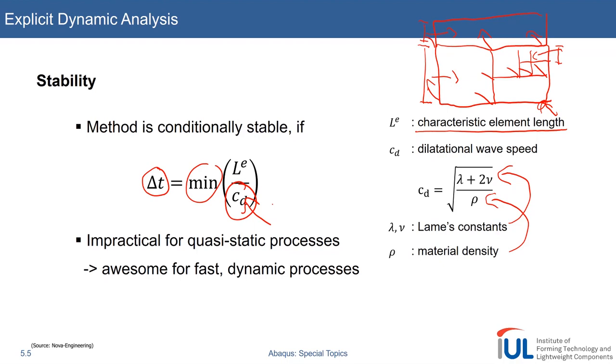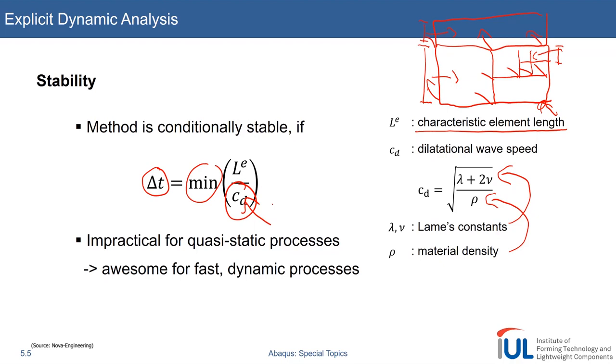So I should be more precise. This method is impractical, like, this word is giving me a hard time. Sorry, guys. If you simulate quasi-static processes in their natural time frame, so this indicates that we can maybe do something about it.